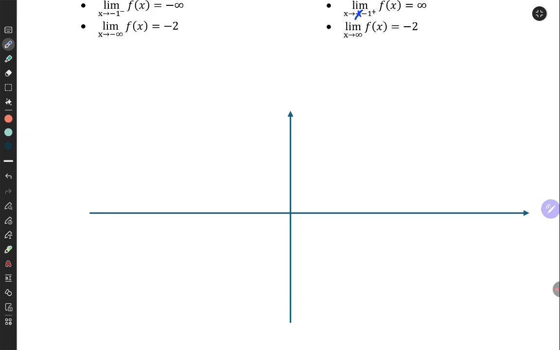There you go. Good. Okay. Let me use the black one to make it. Right. This is the vertical asymptote, horizontal asymptote.